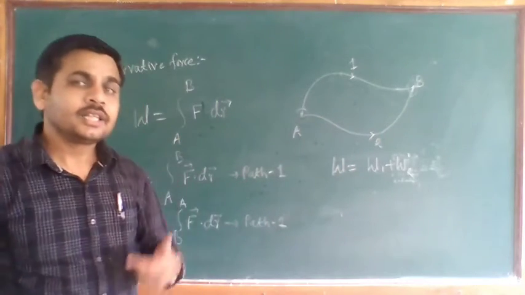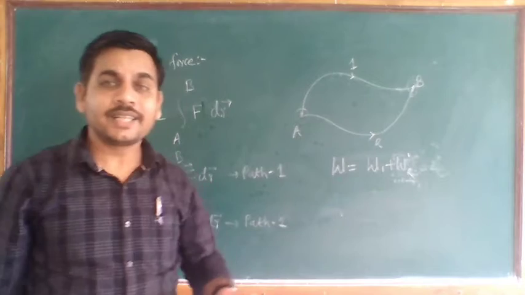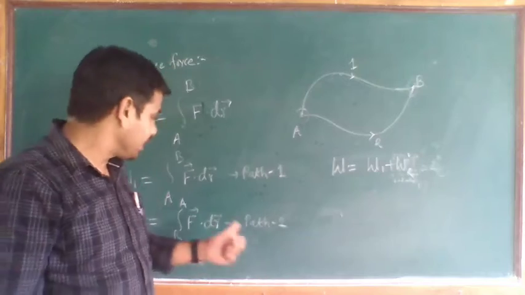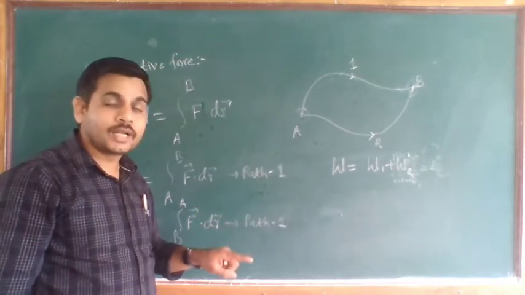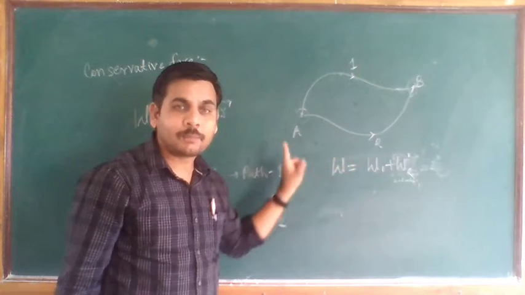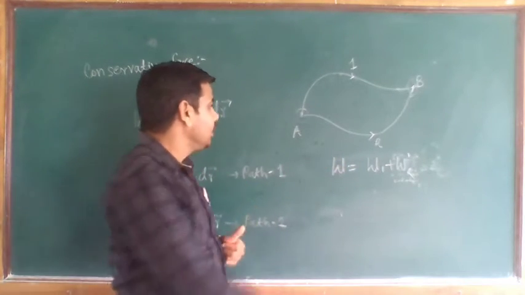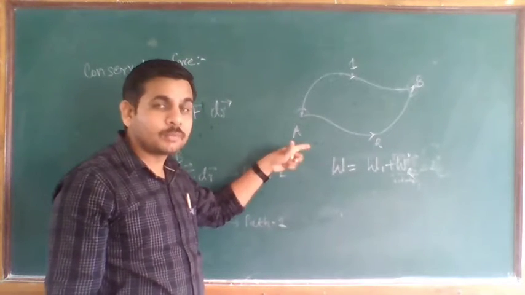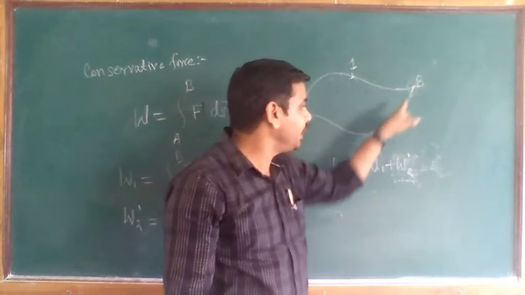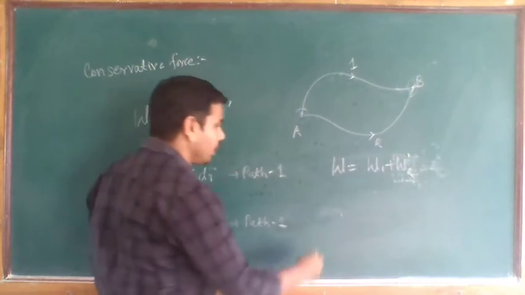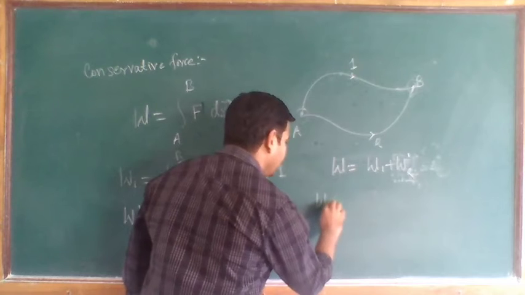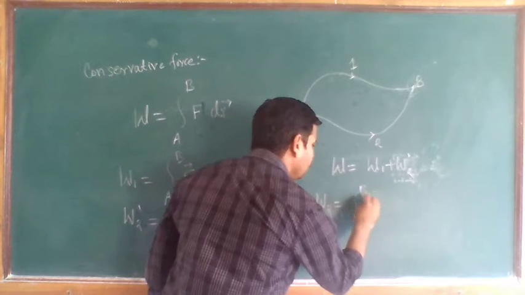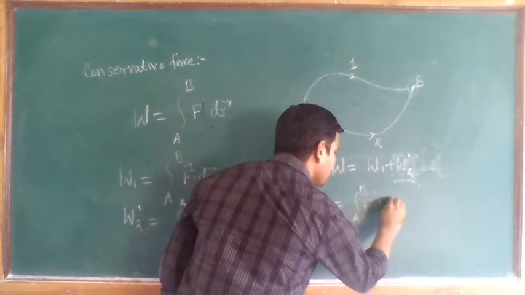Here we consider the work done from position A to B along the second path, and the work done from B to A along the second path. Now I am saying that if you apply the force and the particle is moved from A to B along the second path, then the work done will be W2, from A to B with application of force.